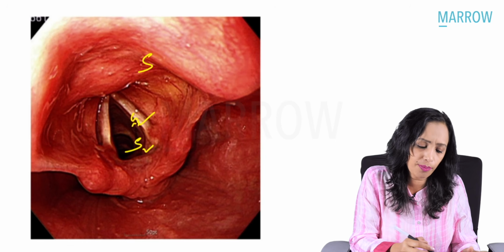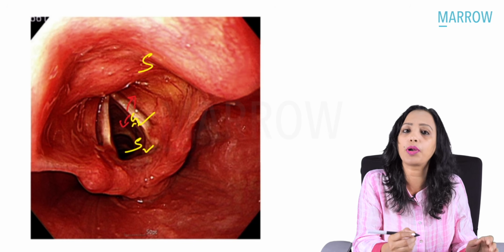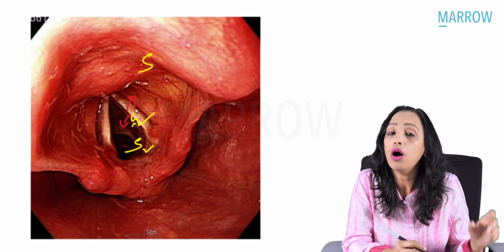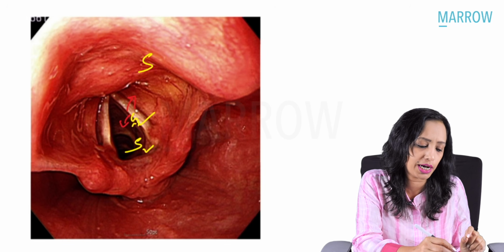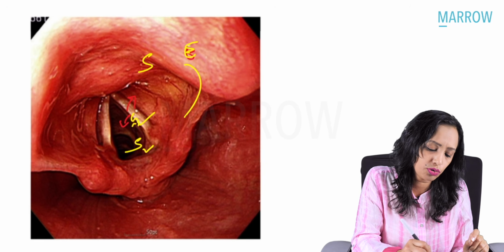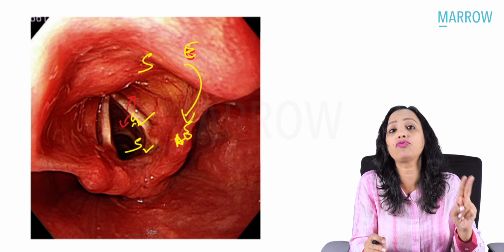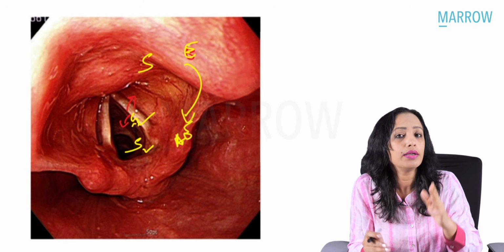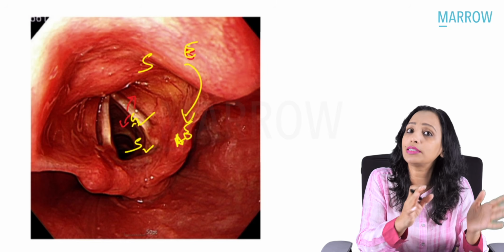So if from the glottis it has gone to the subglottis, or from the glottis to the supraglottis, that is T2. Or in the supraglottis, if from one subsite it has gone to another, for example from the epiglottis to the aryepiglottic fold, which is adjacent. So if it is involving more than one adjacent site or subsite, that is T2.